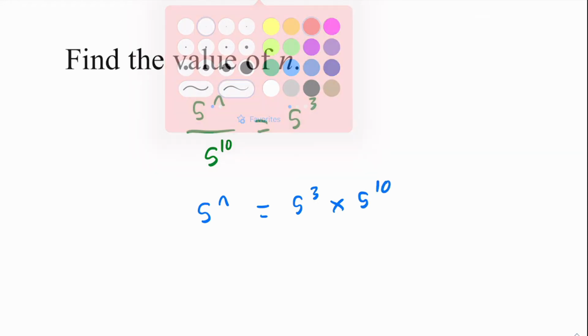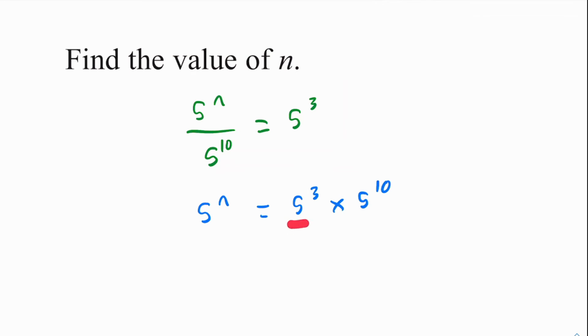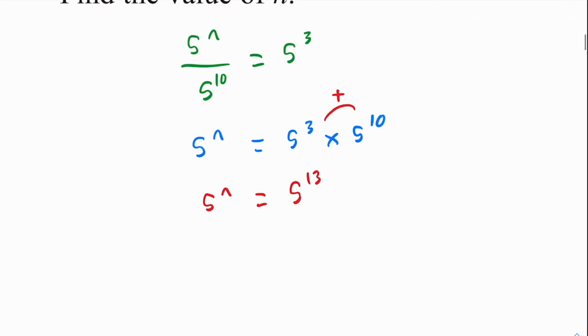From this point, we've got a base and a base that's the same, being multiplied, so we just add the 2 powers together. So we're left with 5 to the power of n is equal to 5 to the power of 3 plus 10, which is 13. And just from observation, we can see that the n on the left hand side has been replaced by 13 on the right hand side. So therefore we can finally say that n is equal to 13.